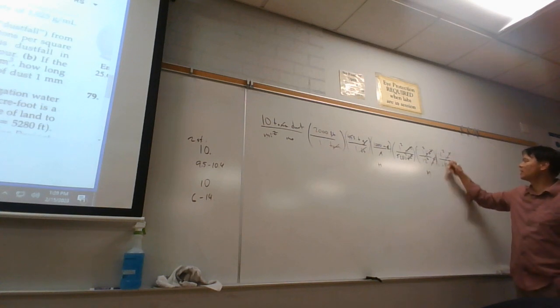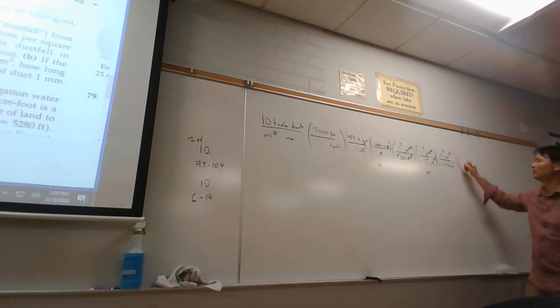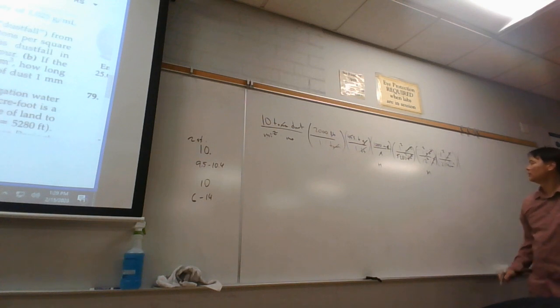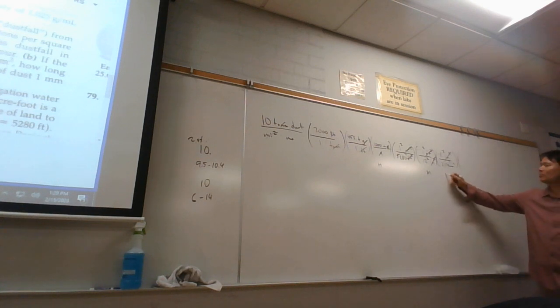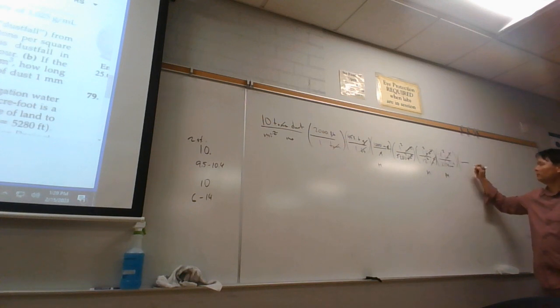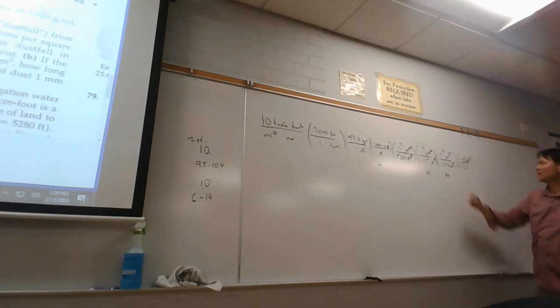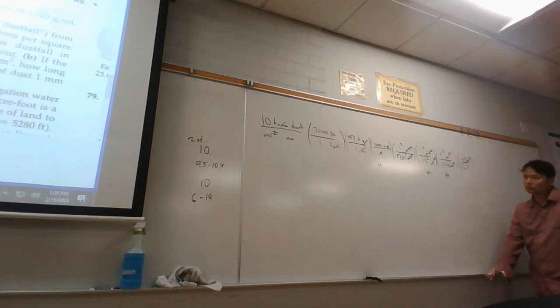And so square inches cancel, that gives me square centimeters. And they want square meters. And so this one you should have memorized here. And then to go from centimeters to meters, it's going to be 100 centimeters per meter, and then square everything inside there. And so square centimeters cancel, and that leaves us per square meter.